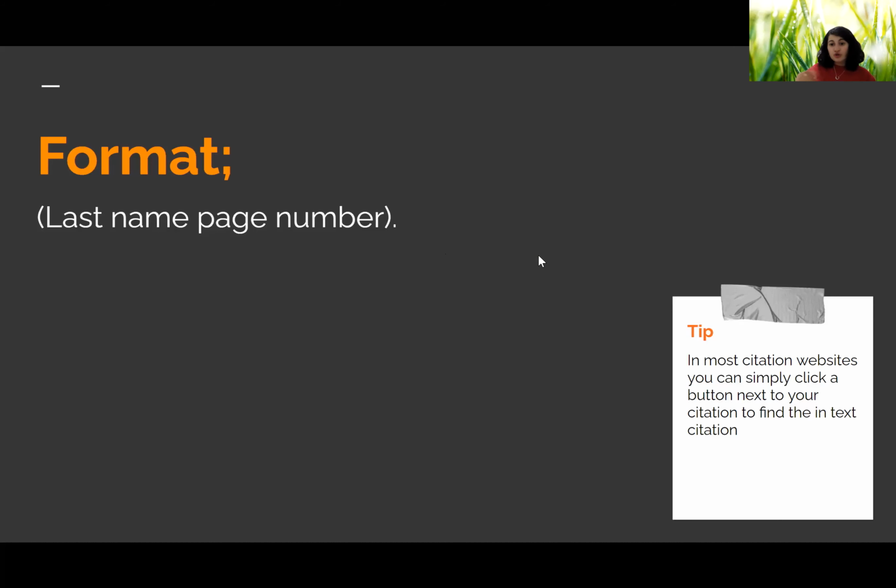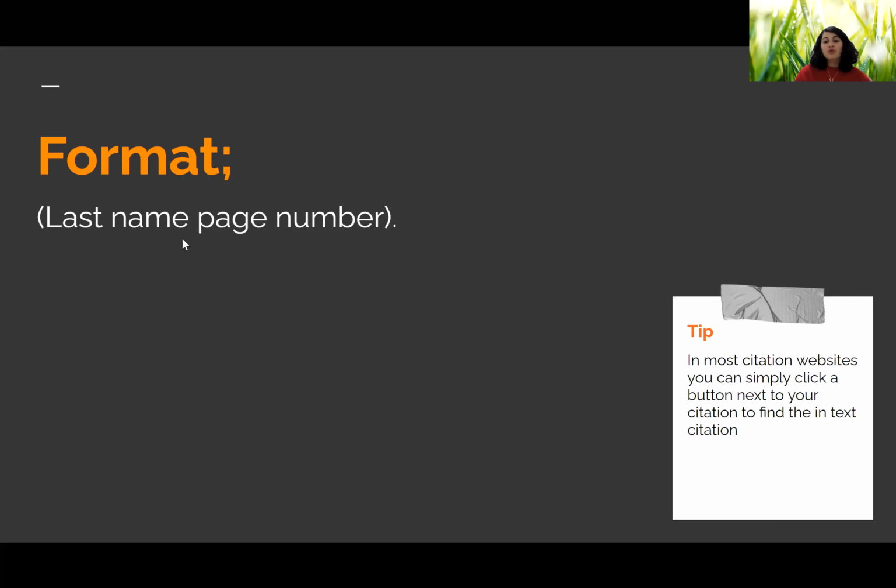However, if you want to just know by memory how to do an in-text citation, which is a skill that you build after a while of writing essays, because you do have to know how to create an in-text citation quickly, it is the last name of your author, for example, Smith, in parentheses with the page number of the article or book that you cited from.